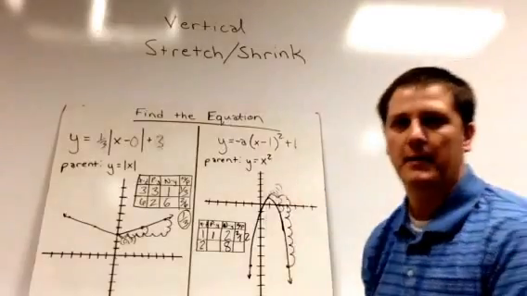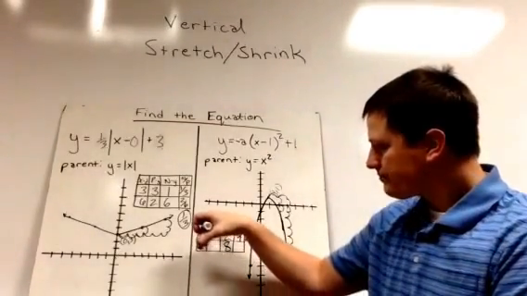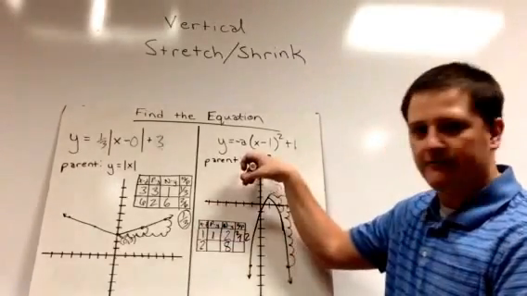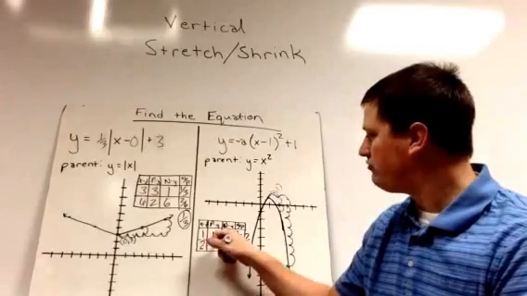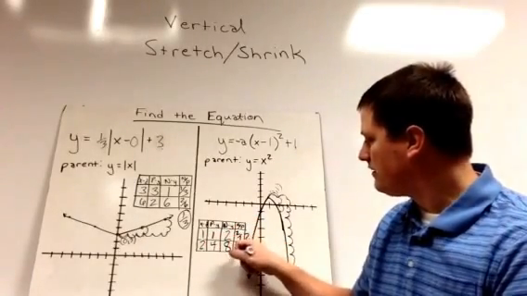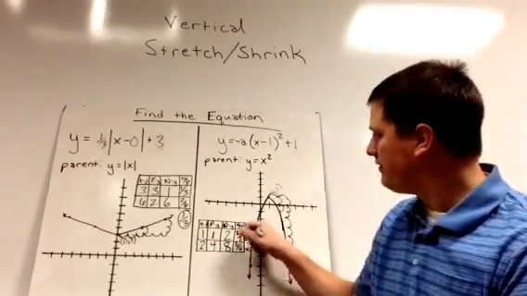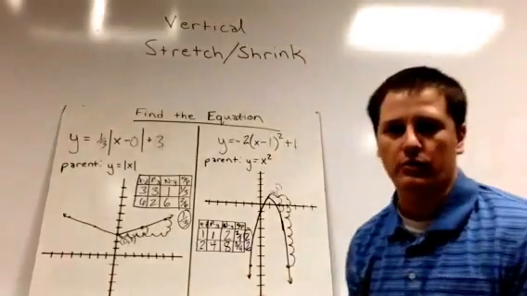There's my negative. Then we've got to figure out the parent y. Well, I just take my 2, put it in for x. 2 squared is 4, so this value should be 4. So what I've got is new 8 divided by 4. 8 over 4 is 2. Both of them are 2, so my a value here is 2.